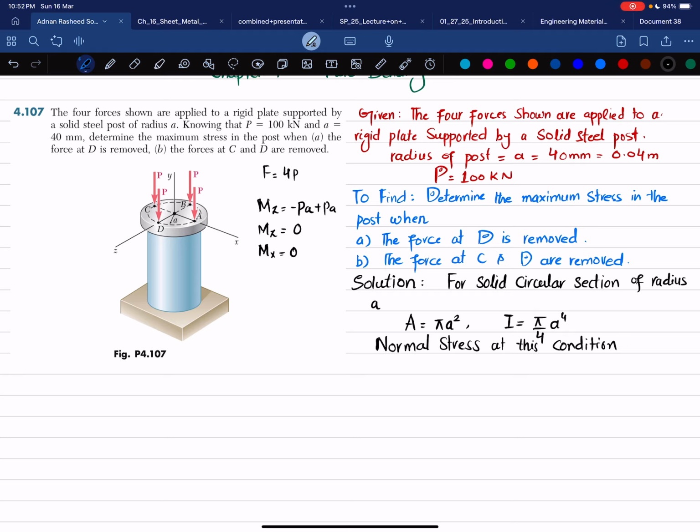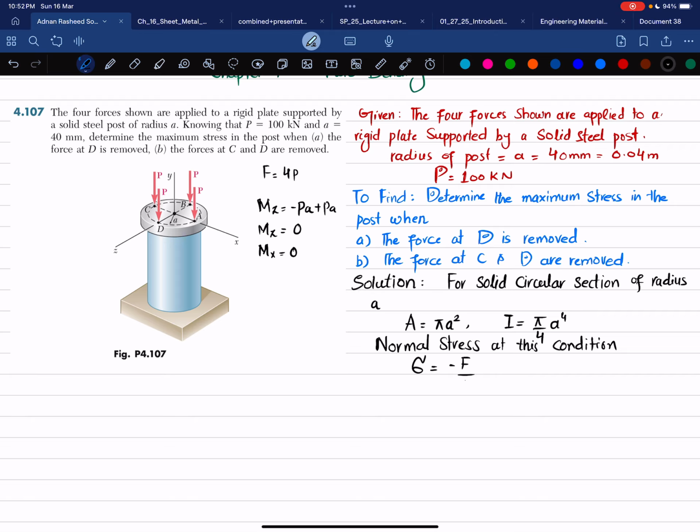So now in this condition, if you want to move all forces to the centric load, the force will be equal to 4 times P, and moment about X is equal to moment about Z equal to 0. So only in that condition we have a centric axial load, which gives stress, and that stress will be equal to minus F by A, because all these forces are compressive.